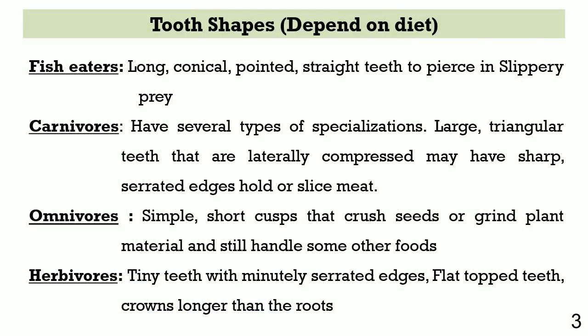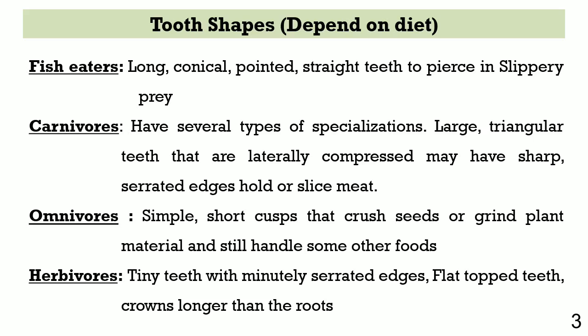These are the different types of tooth shapes, and these shapes depend on the diet. Fish eaters have long, conical, pointed, straight teeth to pierce slippery prey. Carnivores have several types of specializations. They have large triangular teeth that are laterally compressed, may have sharp serrated edges, to hold or slice the meat.